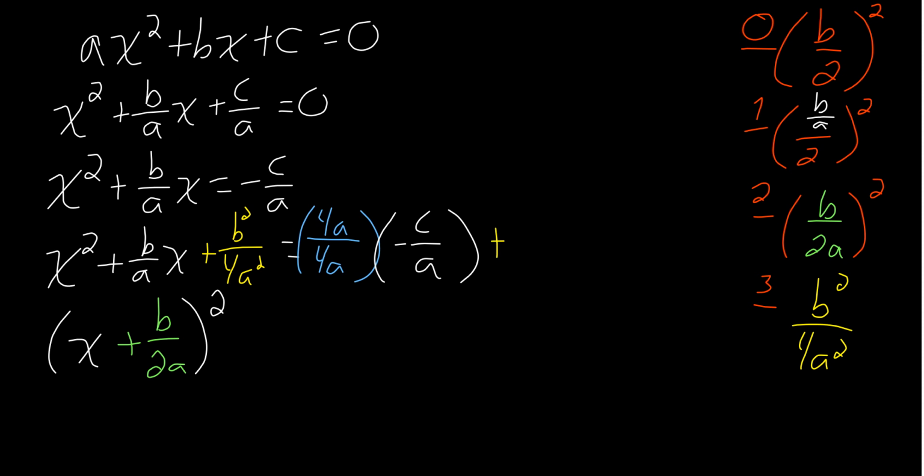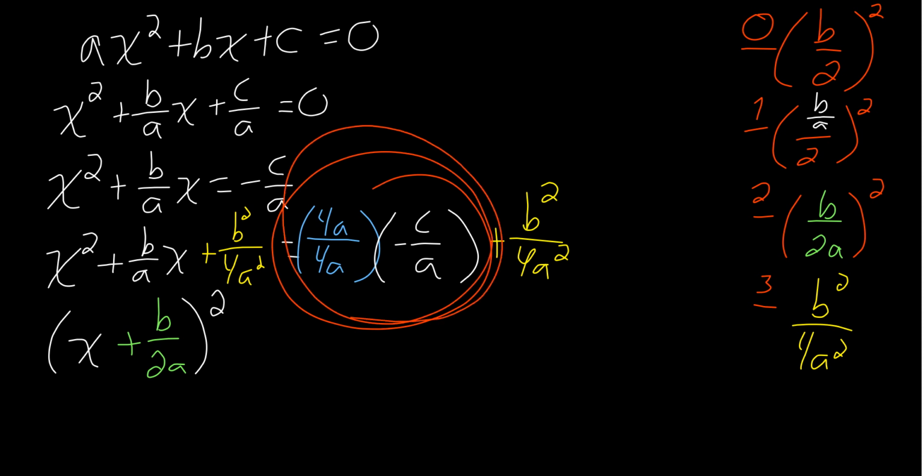B squared over 4a squared. Okay, so all I'm doing to that negative c over a is I'm just multiplying it by 1. So I'm not changing its value at all, right? 4a over 4a is just 1. So I'm multiplying by 1. I'm allowed to do that, okay?